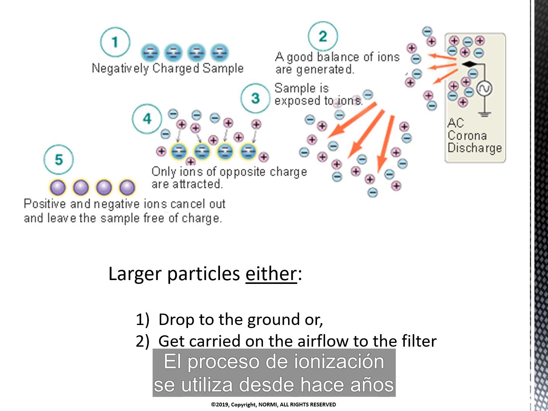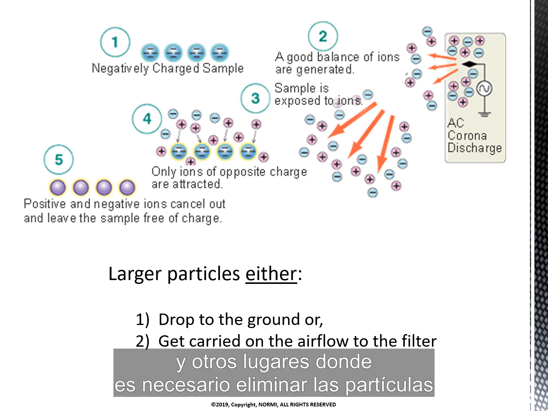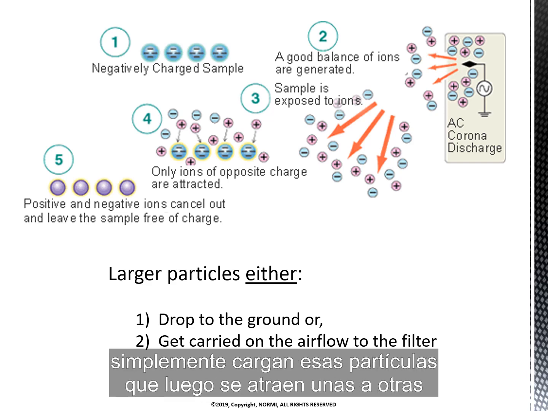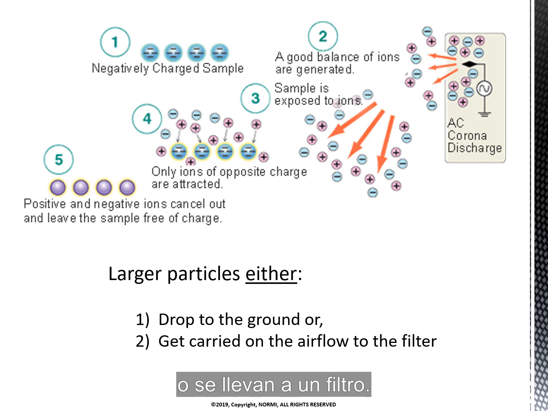The ionization process has been used for years on construction sites and other locations where particulates need to be removed from our breathing space. Negative needlepoint and pulsating ionization simply charge those particles that are then attracted to one another and either dropped out of our breathing range or taken to a filter.